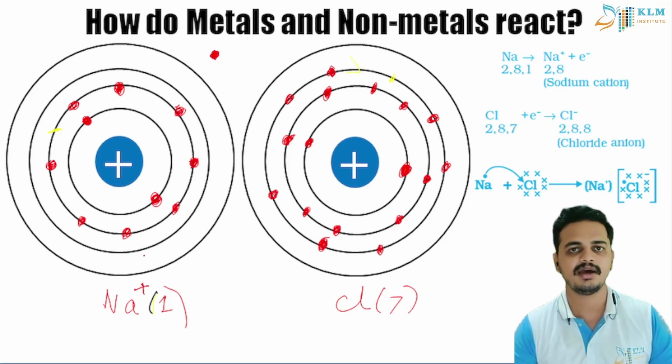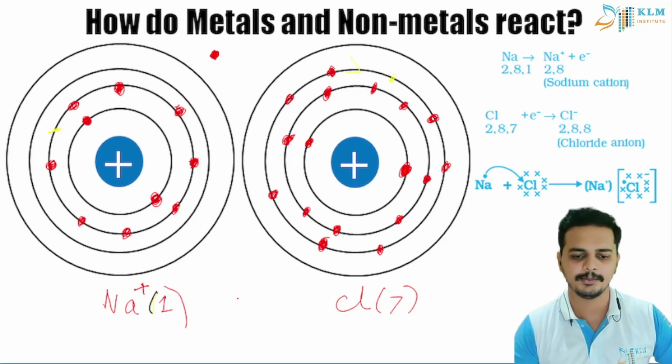It was a neutral atom because the number of electrons should be equal to the number of protons. Now it is not equal to the number of protons. What is more here? Positive charge is more. How many? 1. So we have Na plus 1. If you don't write any number, it's usually 1.